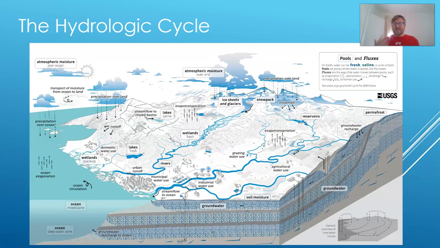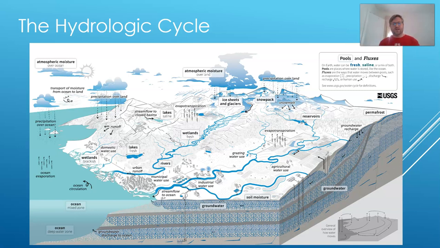So we can make this picture even more complicated. So this is the hydrologic cycle diagram that was recently put out by the U.S. Geological Survey. So that is the federal department that gathers data about earth science for the United States. And on this diagram, they use the terminology of pools and fluxes.